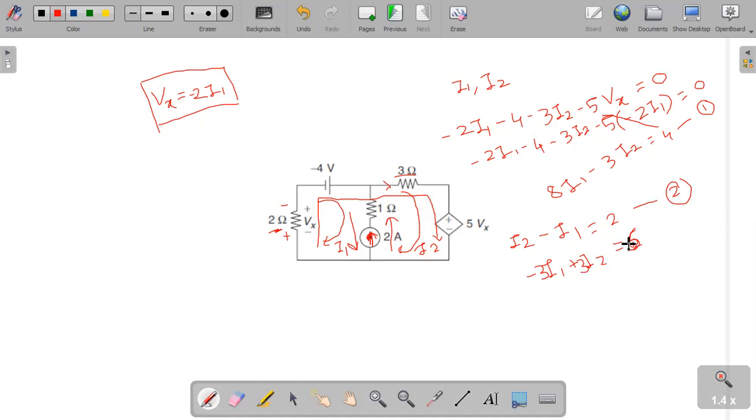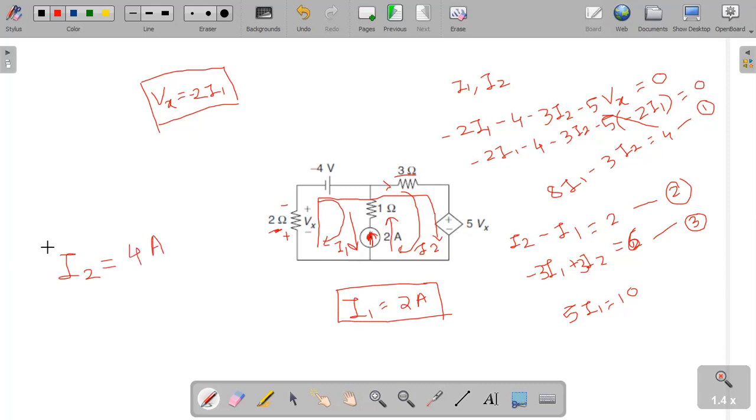Now if I add equation number 1 and 3, I am going to get 5I1 equals 10. So if 5I1 equals 10, the value of I1 comes to be 2 ampere. By substituting I1 equals 2 in equation number 2, I am going to get the value of I2 as 4. So that was the question asked. The current flowing through the 3 ohm resistor, that is I2, is equal to 4 ampere.